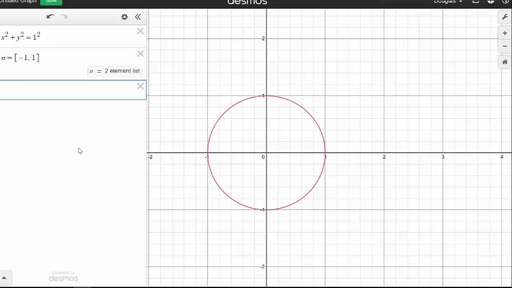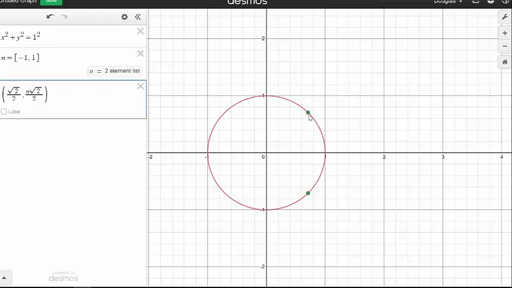So let's go ahead and put this point in. We're looking at the point. The x coordinate was the square root of 2 divided by 2. And then the y coordinate that corresponded with it was positive or negative square root of 2 over 2.